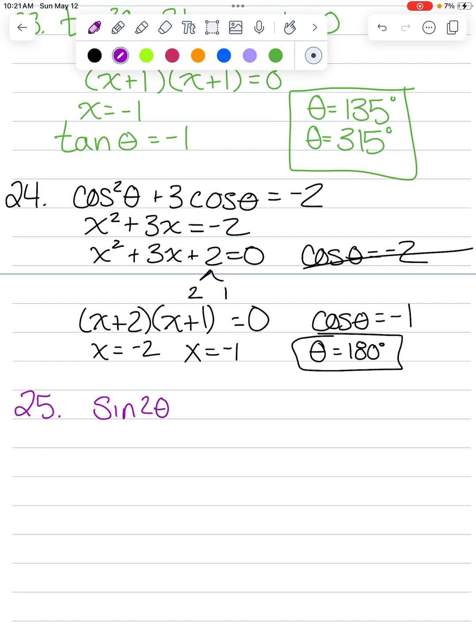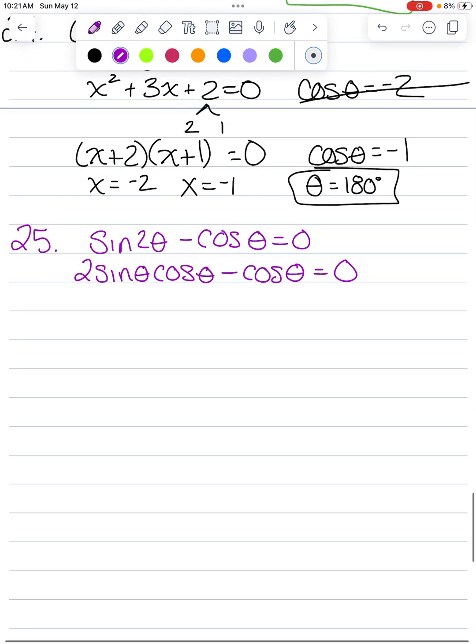25 has sine of 2 theta minus cosine of theta equal to 0. Okay, identity. Sine of 2 theta becomes 2 sine theta cosine theta. Now, in order to solve this, do not subtract the cosines.